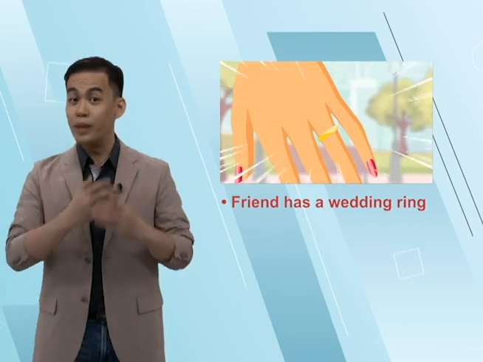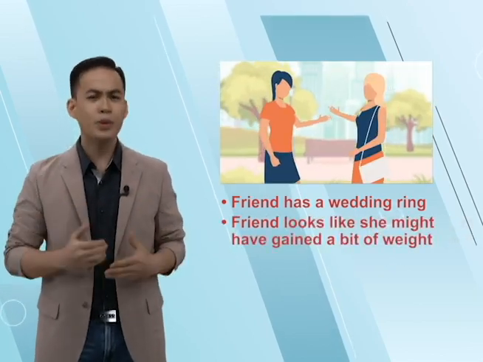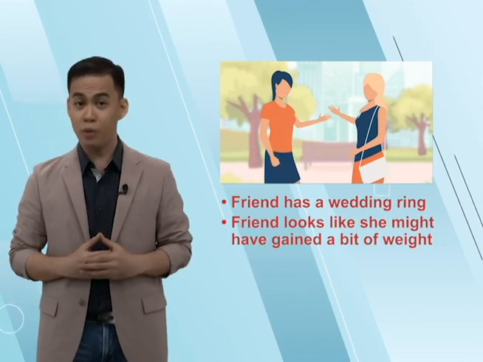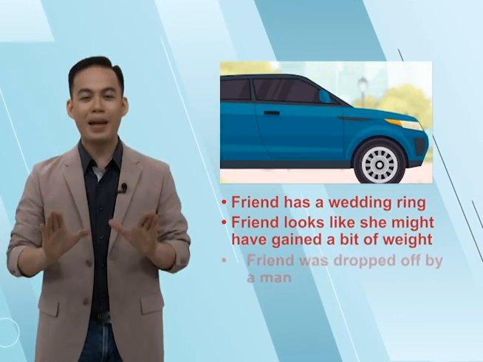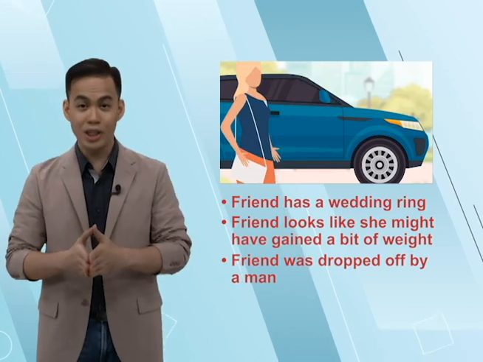Suppose that friend with the wedding ring looks like she gained a bit of weight. What can you infer based on the information you have so far? You can write down your answers on a sheet of paper and compare them with someone watching with you. What can you say based on that one statement?